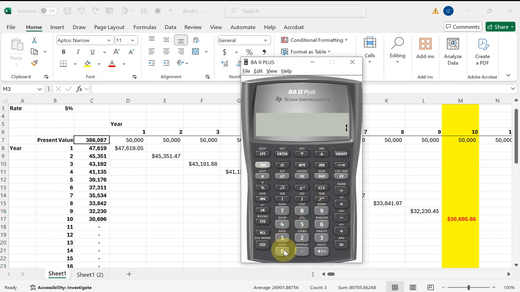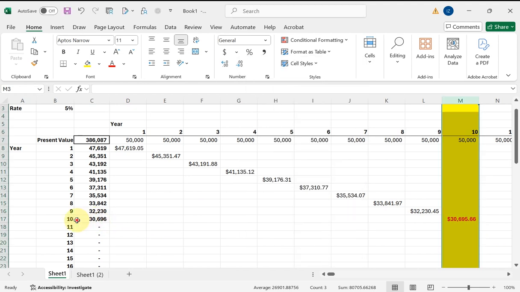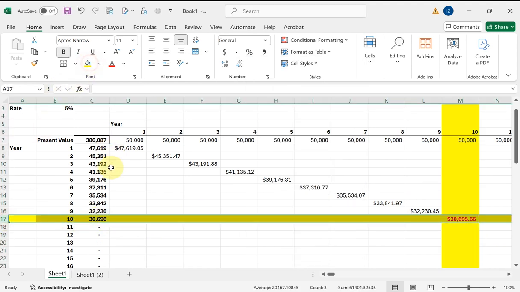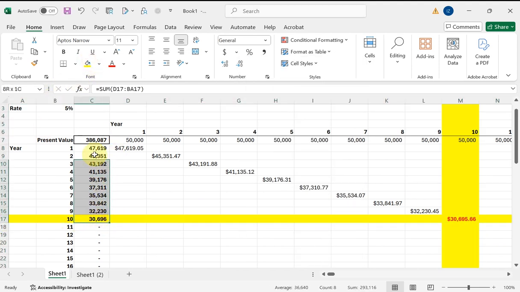I'm going to just change this to 10 years, and I'm going to compute the present value. So $50,000, 10 years out into the future, is only worth $30,695.66, which is the same as we have here. Okay, so the present value of the first 10 years of that perpetuity is only worth $386,000.